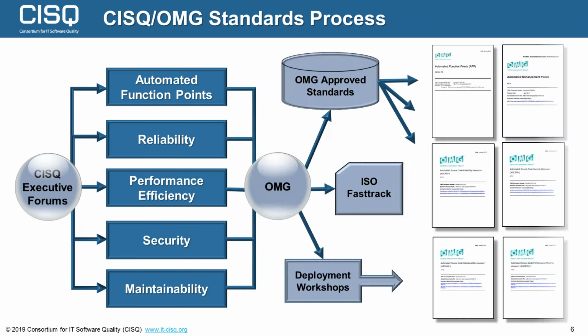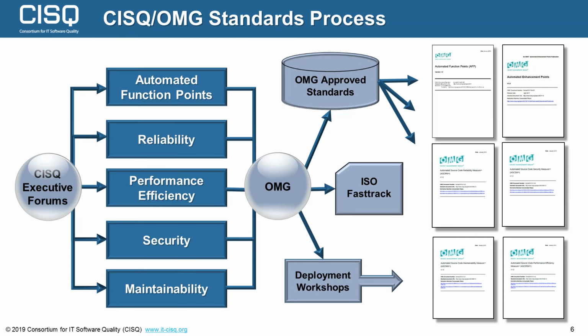Next click, Tracy. And so we launched CISQ. We had enough support to launch it. We developed specifications for automating each of those. They were presented to OMG. They went through the OMG process, which is a fairly rigorous evaluation, and they were approved as international standards. You can see the OMG standards there on the right.